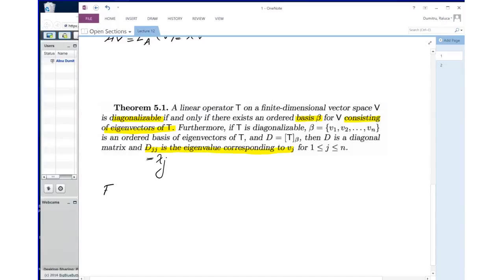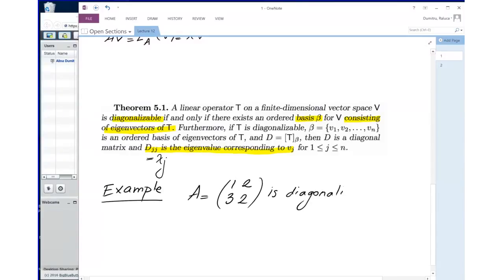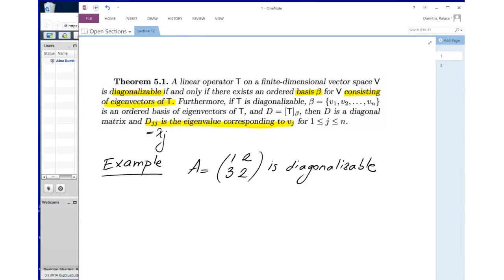So here's an example of a diagonalizable matrix. This matrix will turn out to be diagonalizable with beta equal to the vectors (2, 3) and (1, -1).